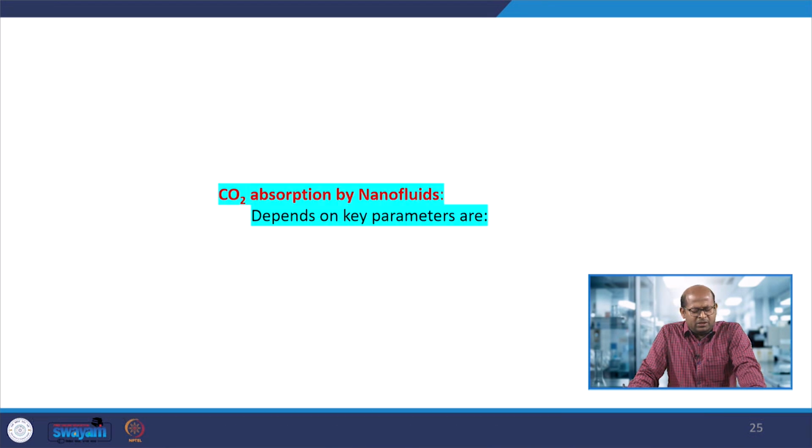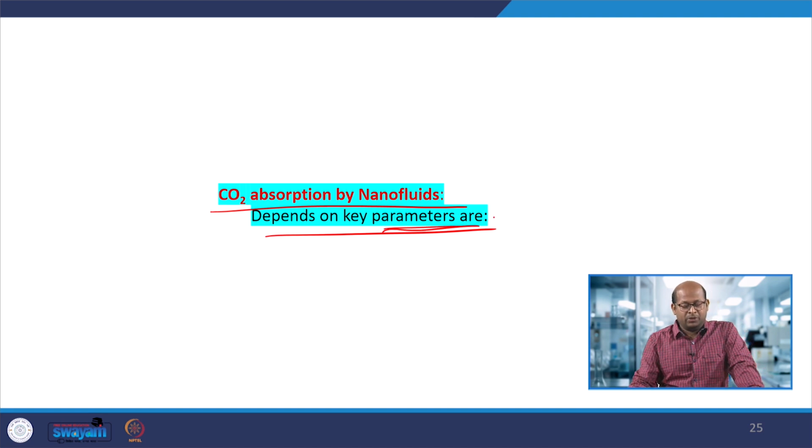Okay. Now, CO2 adsorption by nanofluids depends on key parameters. We have nanofluids with different types of nanomaterials, which may be metal oxides or carbon based nanomaterials, dispersed at very low concentrations in a particular fluid to prepare nanofluids.